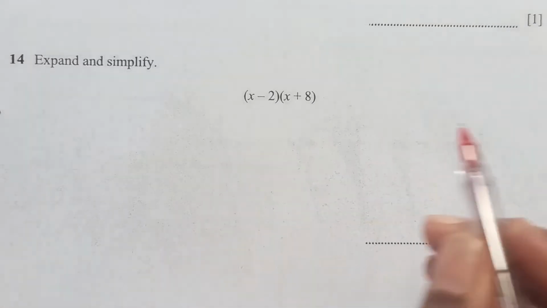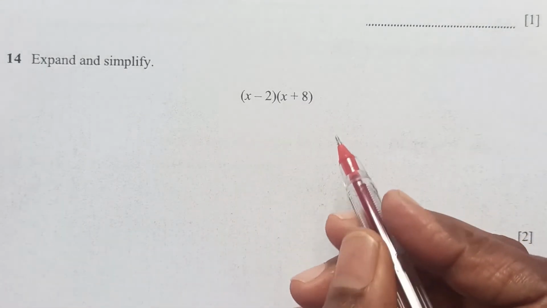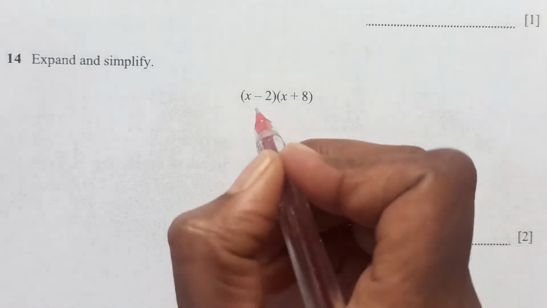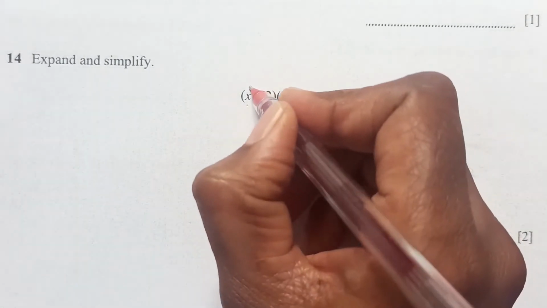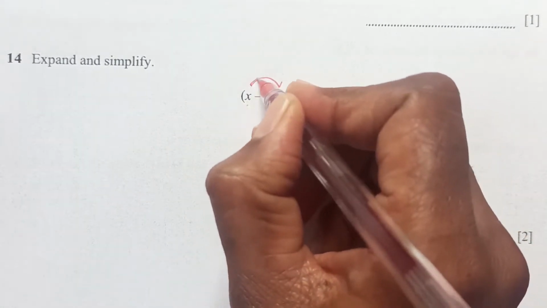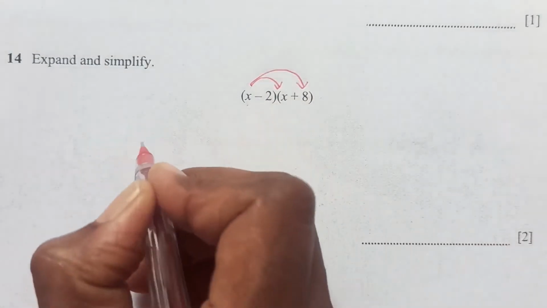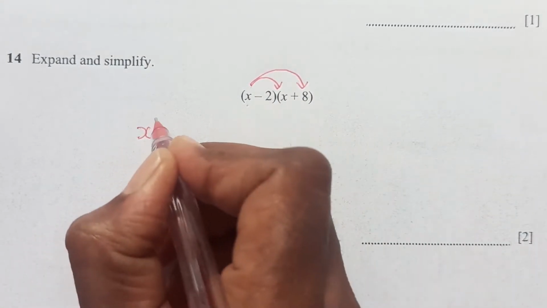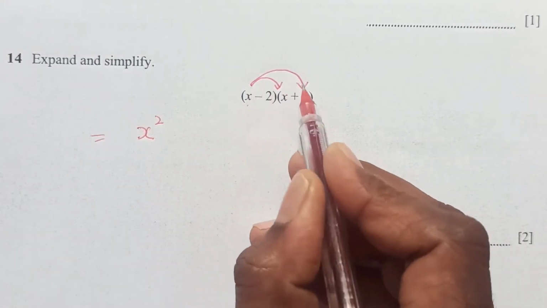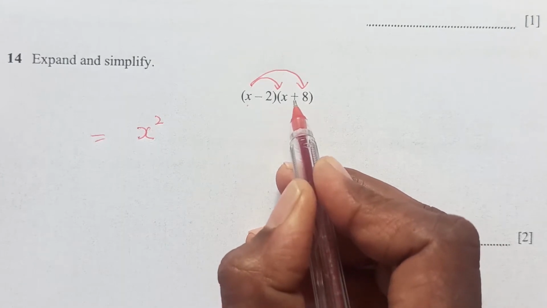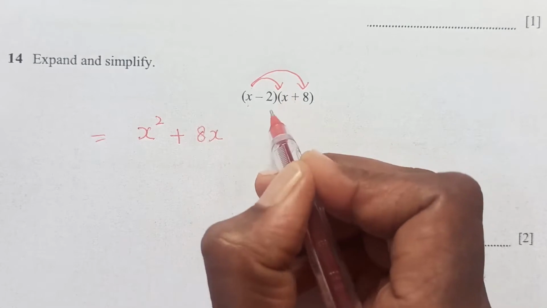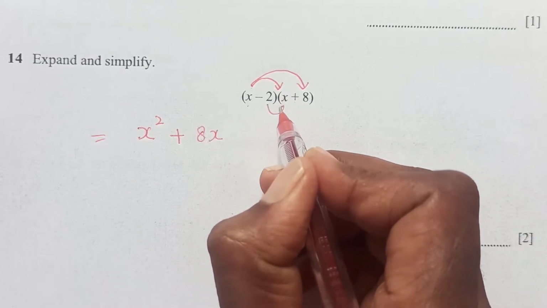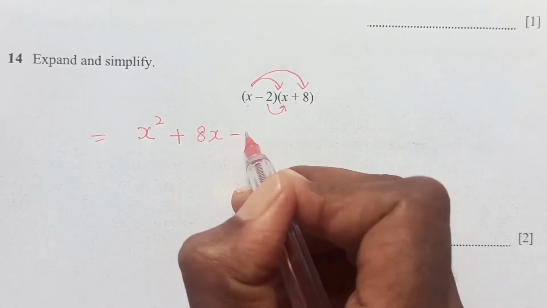We have another question here, expand and simplify. We need to expand the bracket. So first we will take x. X will be multiplied throughout to the second bracket. So x times x is x squared. Then x times 8. Plus sign is there, so you're going to put a plus sign, 8x. Now negative 2 will be multiplied to x, that is negative 2x.